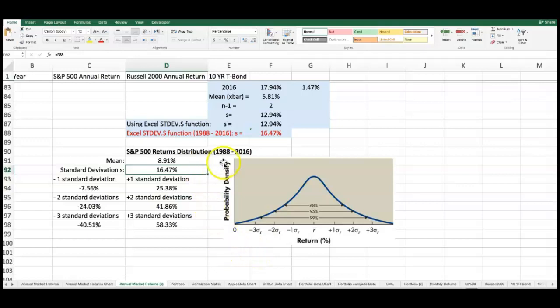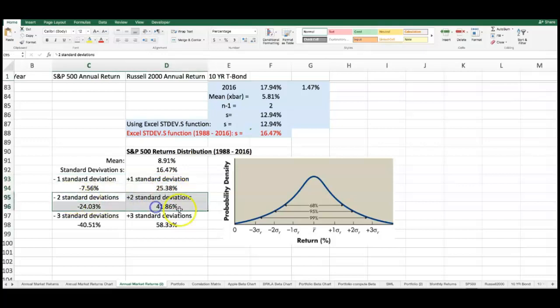So for the S&P 500, over 1988 to 2016, we calculated the mean and standard deviation. So in that range of -1 to +1 standard deviations, we would say that 68% of the time, we would expect the returns on the S&P 500 to be between a -7.56% and 25.38%.